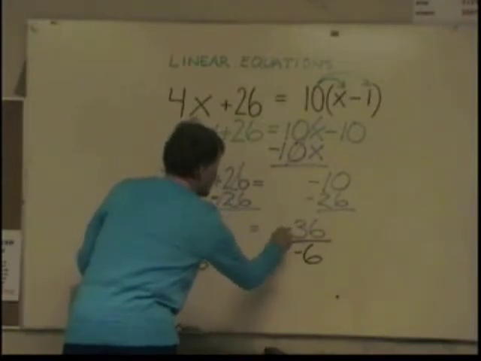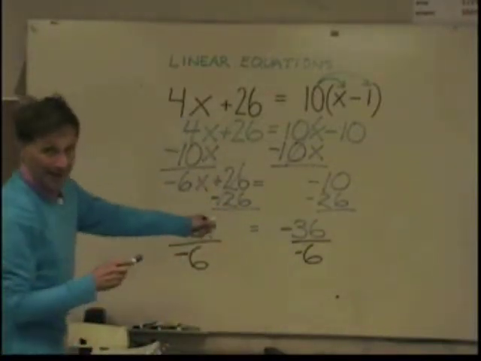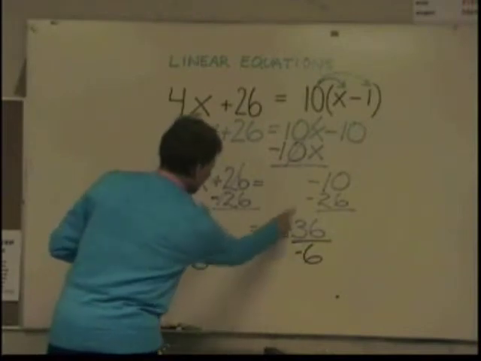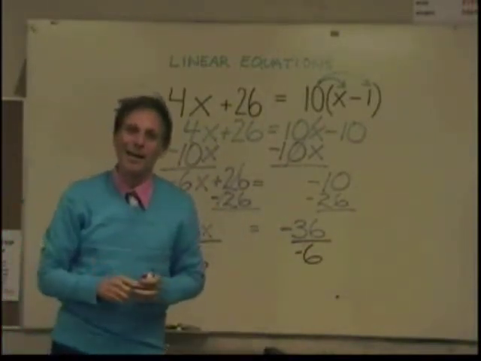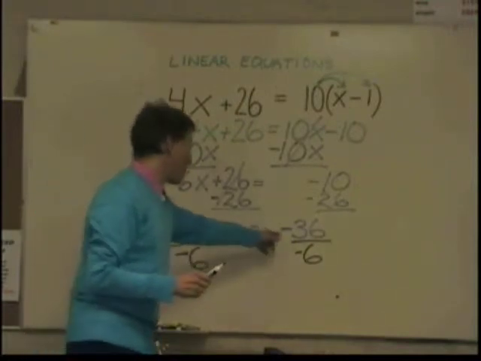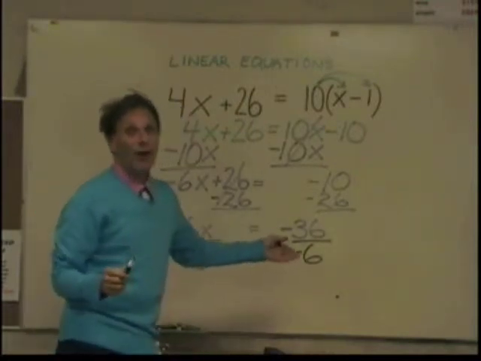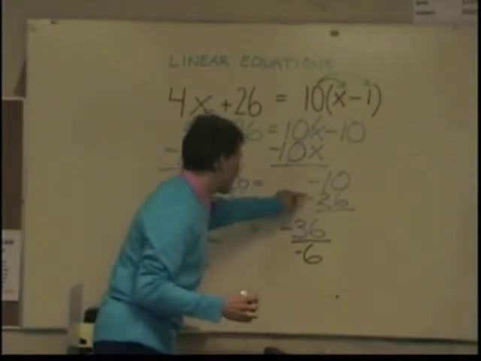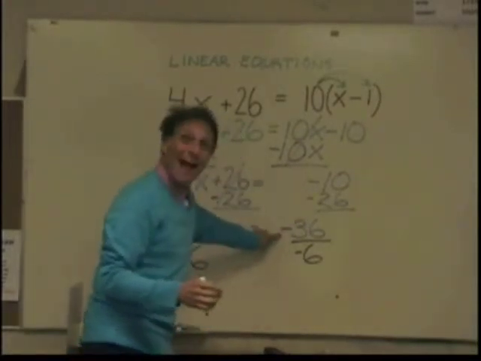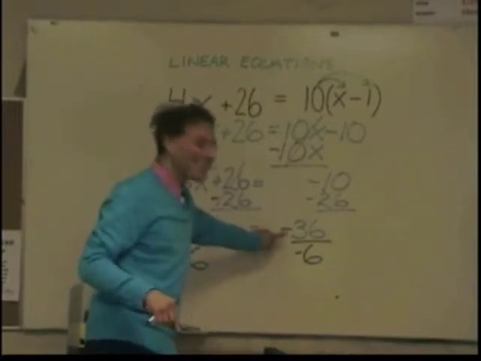Negative 10 and 26 was negative 36. Important. Don't forget your signs, and don't forget to carry down your signs. It could happen to anybody. You have to remember, so you would have the wrong answer if you forgot a sign. So always try to catch negative 10, negative 26 when you're subtracting is negative 36.